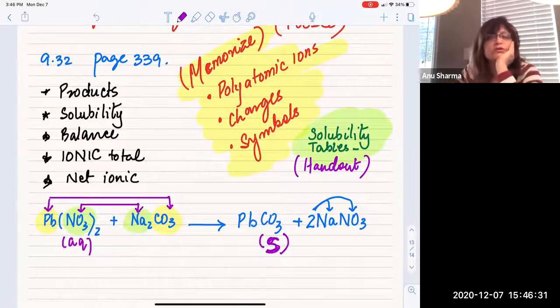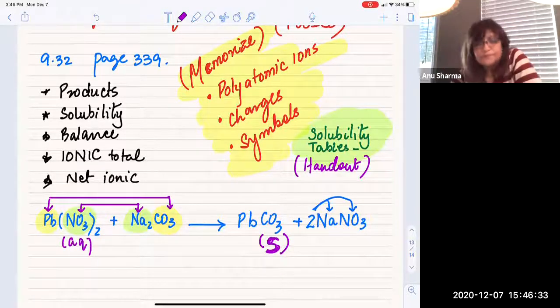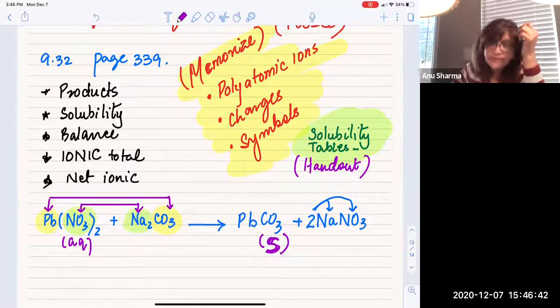Good. What about sodium carbonate? Soluble, insoluble? What about the rest of the class? Sodium carbonate.